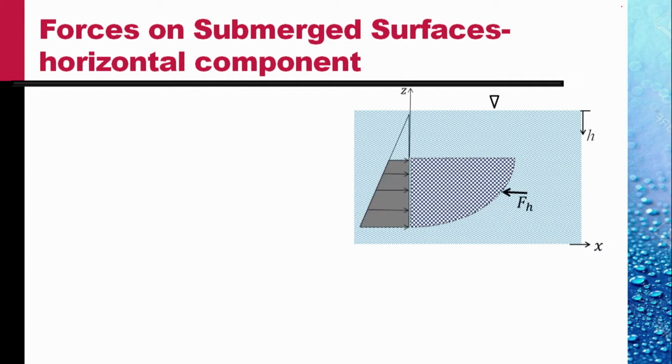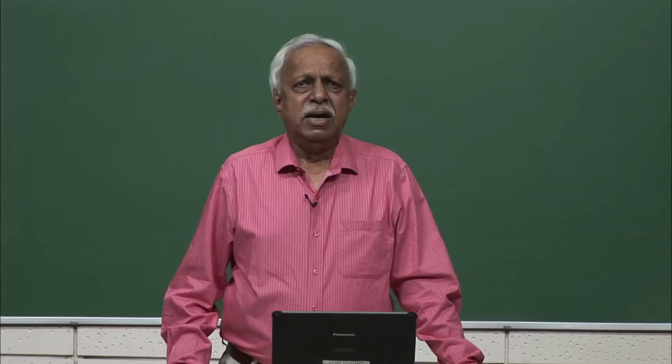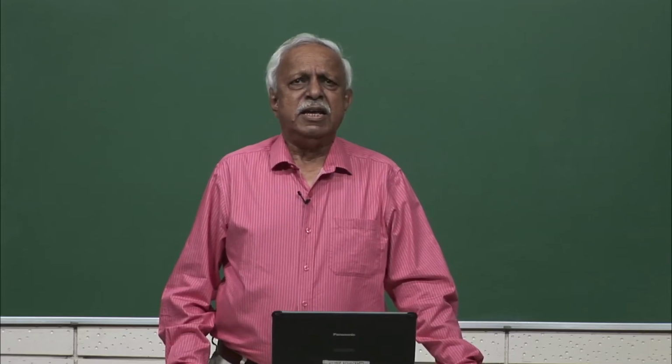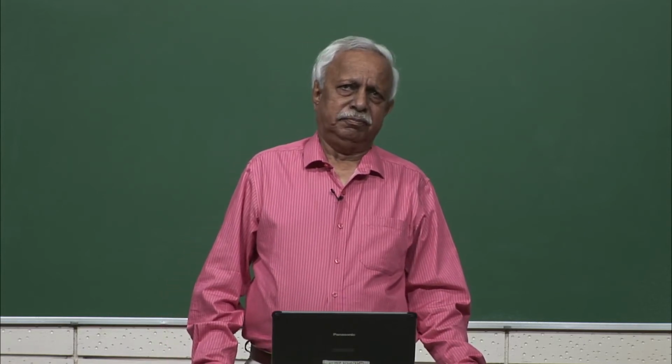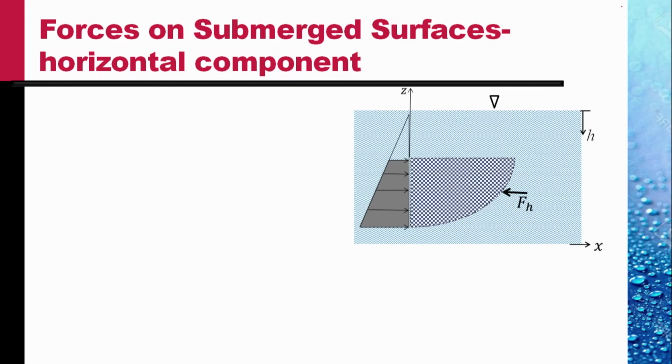One, the Fh, the reaction of the force on the plate acting to the left, and a horizontal force acting on the flat surface to the left of this body. This would be the hydrostatic force varying linearly from the top to the bottom. This is the force we have already calculated.